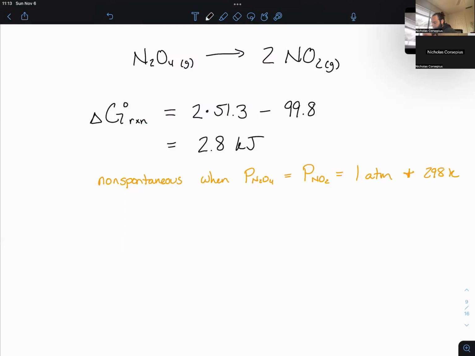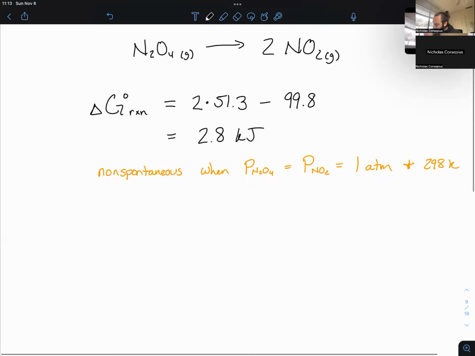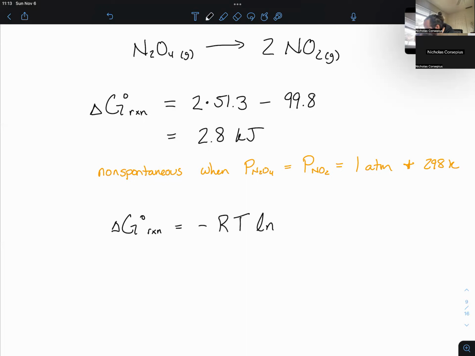Okay. So two things that we're going to talk about here. First of all is just the relationship between the delta G of a reaction and its equilibrium constant, because these two are very, very closely linked to one another. In fact, the delta G naught of a reaction is equal to negative RT times the natural log of its equilibrium constant.